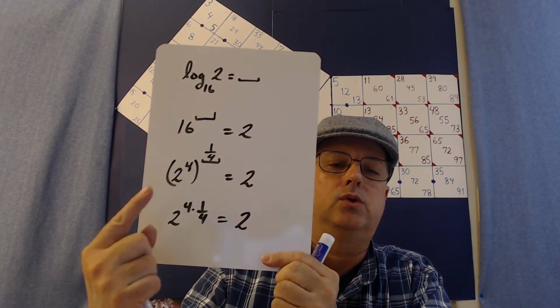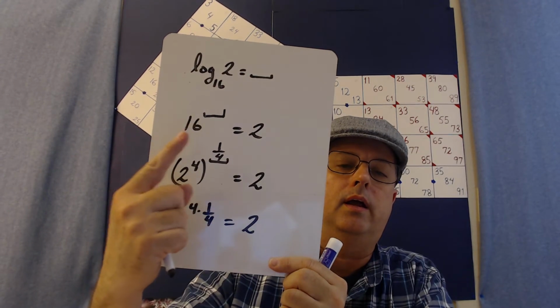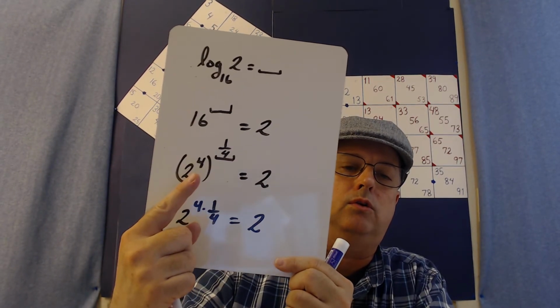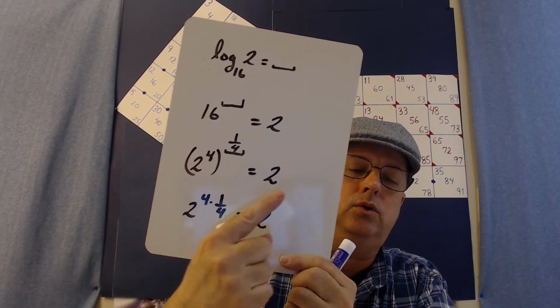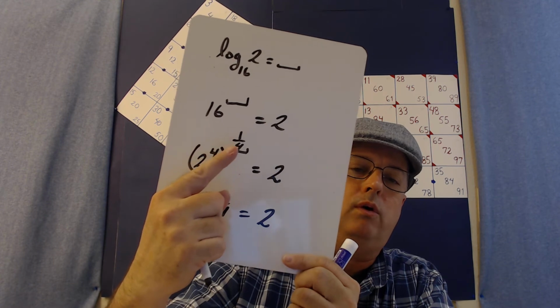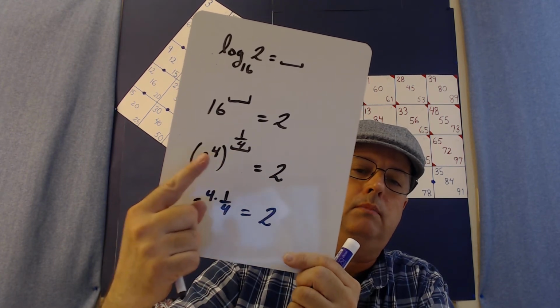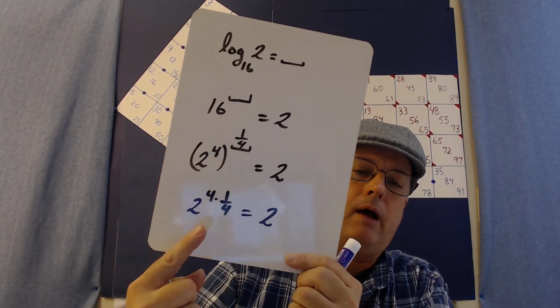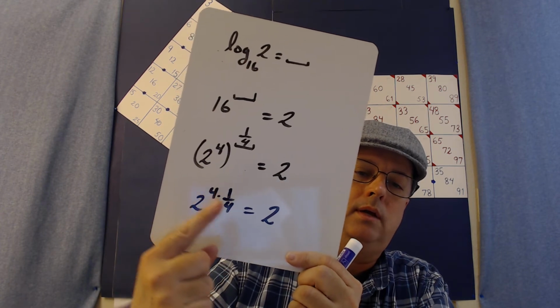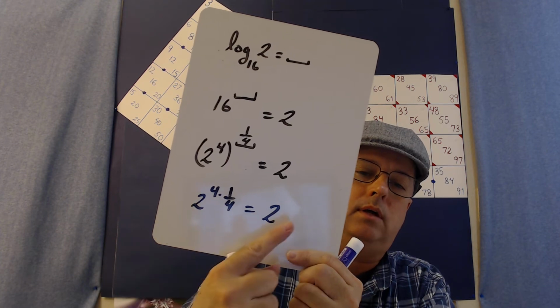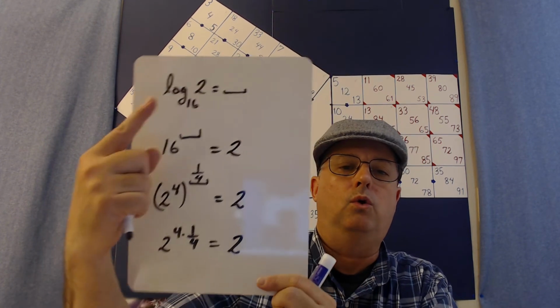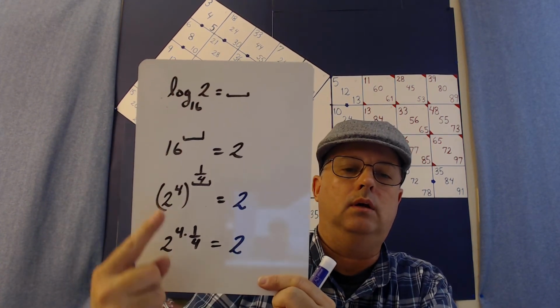So 16 to what power is 2? Well, 16 to the 1/4 power is 2, because now I can have a power to a power. I can multiply the powers, and the numerator and the denominator divide out, and I just get 2 there. So what power of 16 is 2? The 1/4 power.